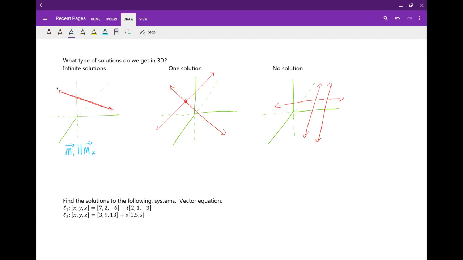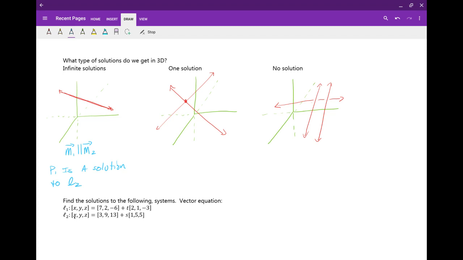Okay? But here we've got the lines that are parallel. Okay? But furthermore, point 1 is a solution to line 2, okay? Basically what that means is I can take point 1, 7, 2, negative 6, and I could place it here, 7, 2, negative 6, okay?